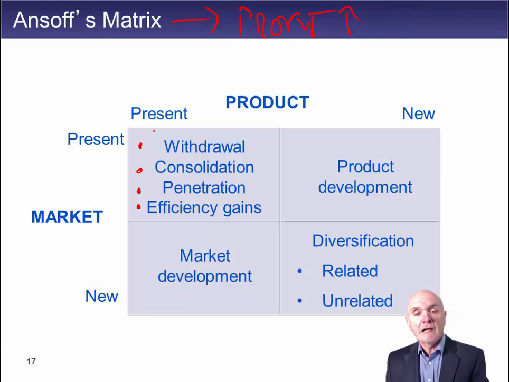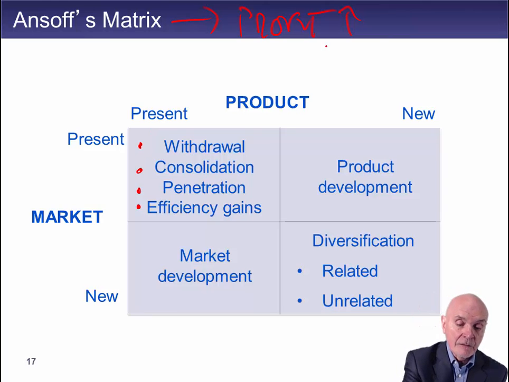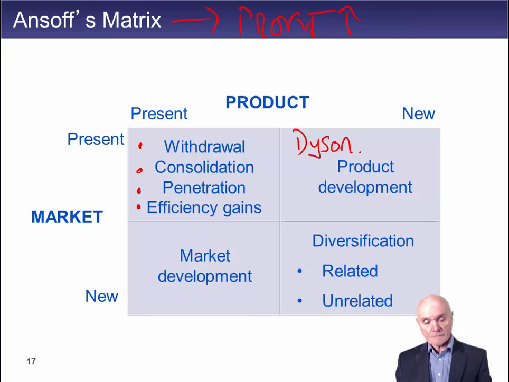Next one we could look at is product development. Maybe an example or a brand to think about here is, again in the UK, but you may be familiar with it in some other places, a brand called Dyson.